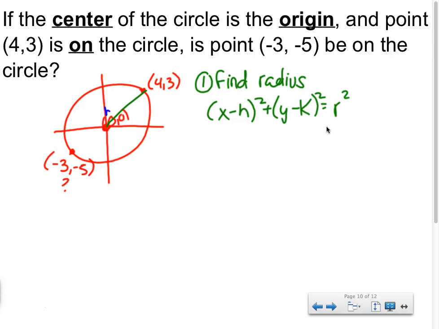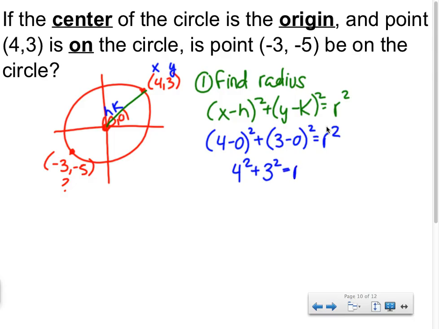Again, this is my h, k, my center, and this is my x point and my y point. So I'm going to start off with 4 minus 0 squared plus 3 minus 0 squared equals my r squared. Again, you get 4 squared plus 3 squared equals r squared. 16 plus 9 equals r squared. 25 equals r squared. So when I square root, I get my radius of a 5.